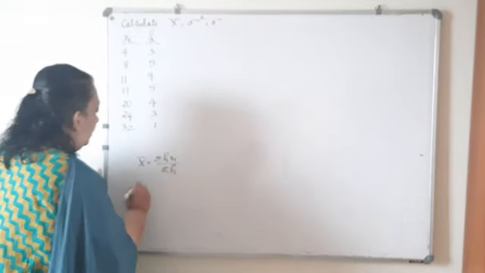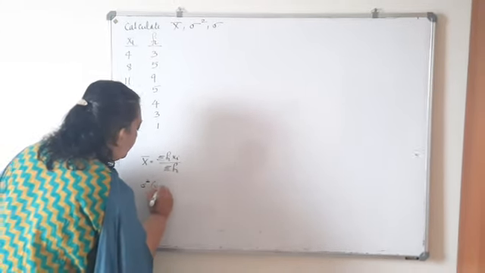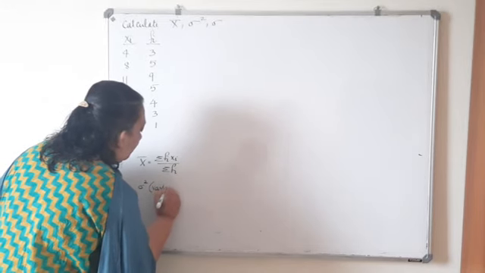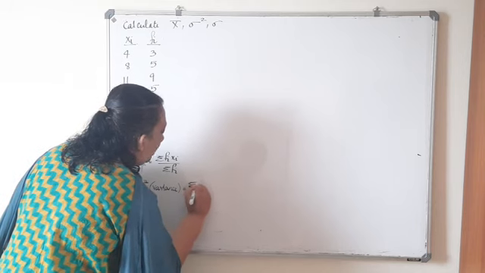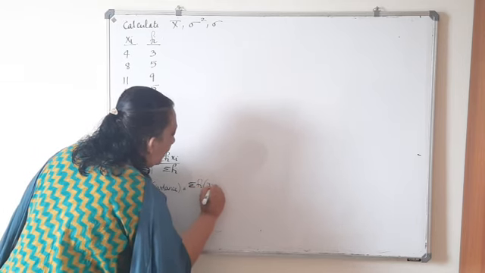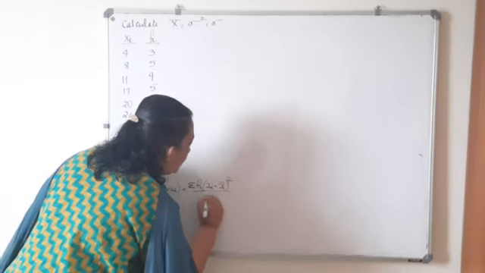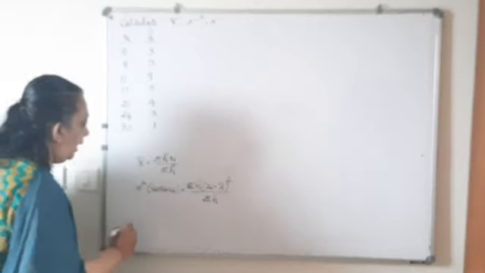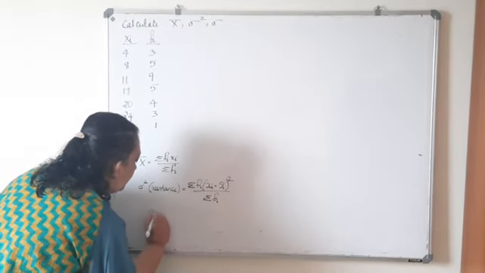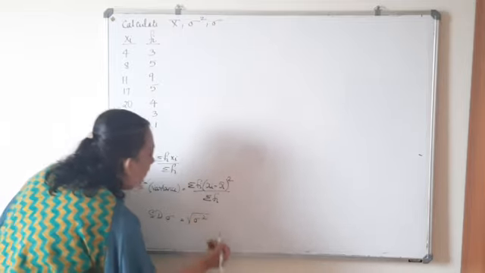Variance is calculated using the formula sigma Fi into (Xi minus X bar) the whole squared divided by sigma Fi. And standard deviation sigma is equal to the square root of the variance.